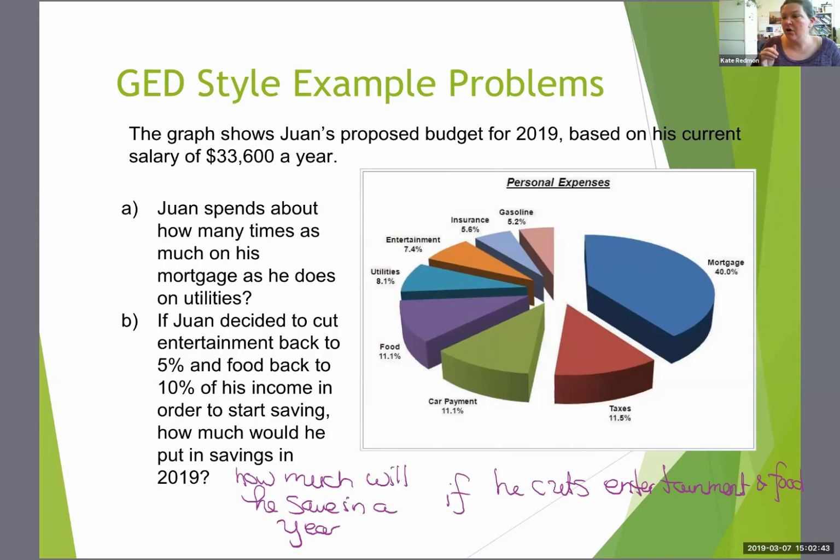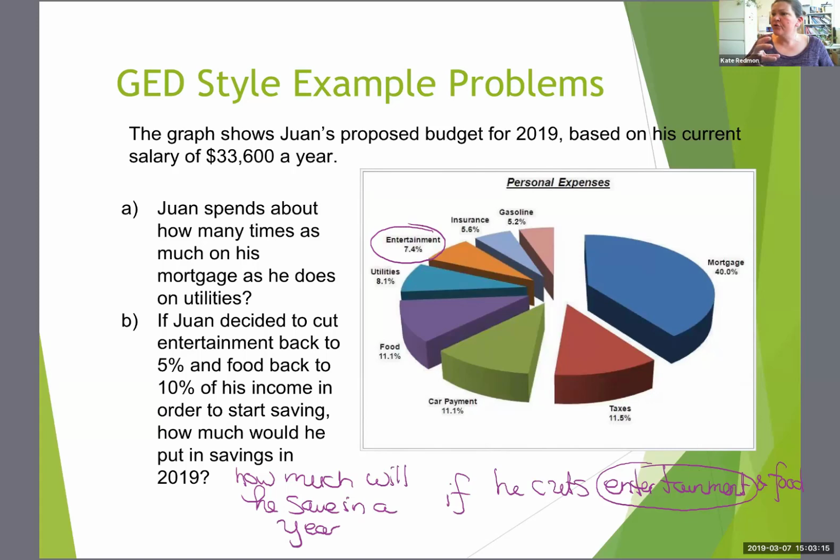Okay, so let's figure out the cutting back piece that Maricela wanted to explore. Let's look at entertainment first. Currently he's spending 7.4% on entertainment, but I want to cut that back. What am I trying to cut that back to? 5%. So we have this chunk, 7.4%, and we want to cut it back to 5% so we can use that remaining piece for savings. What students don't often realize is that you can add and subtract percents.